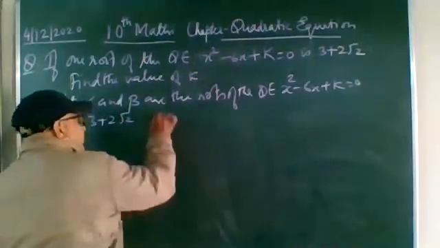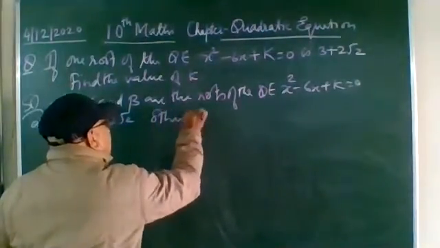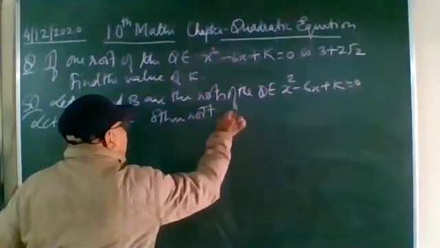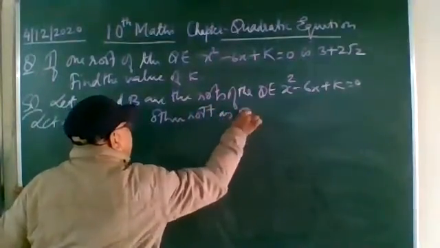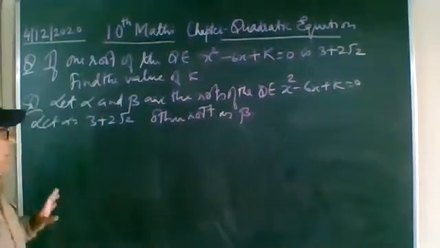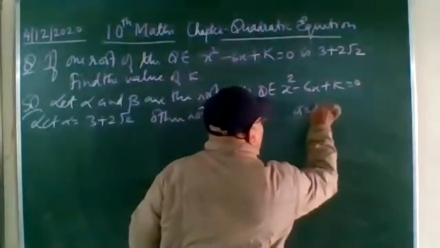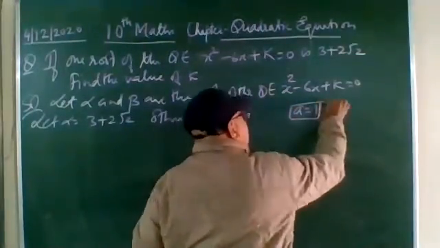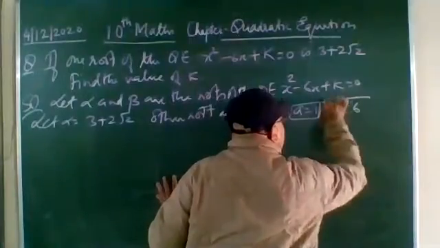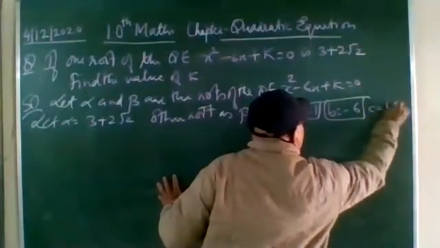Other root, let it be beta. Now after this you write here a is 1, b is minus 6, c is k.